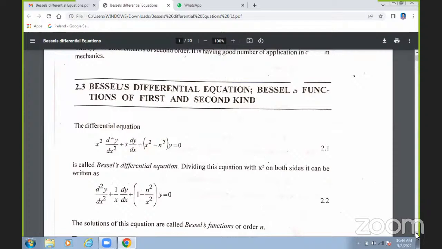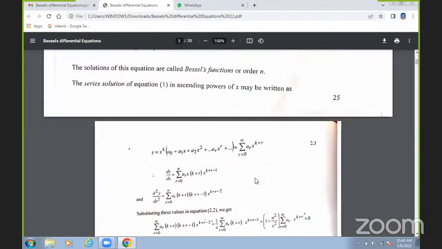Now what we'll do is divide this equation by x square on both sides.